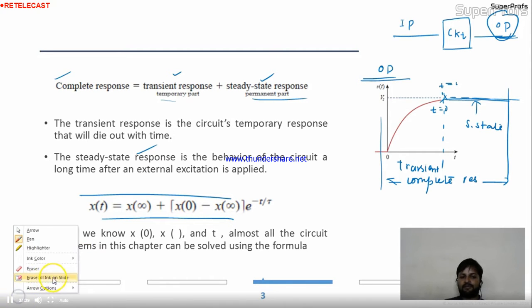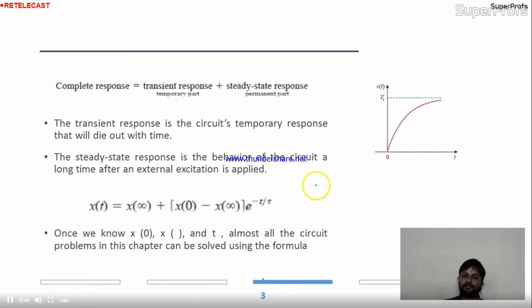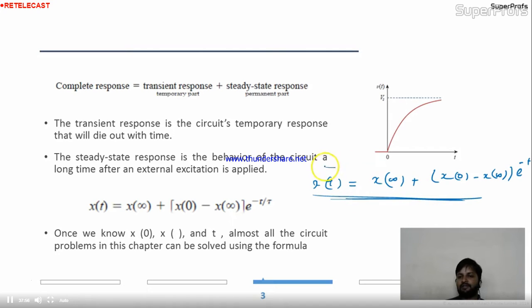Complete response x(t) is given as x infinity plus x0 minus x infinity e to the power minus t by tau. This is the complete response of the circuit.